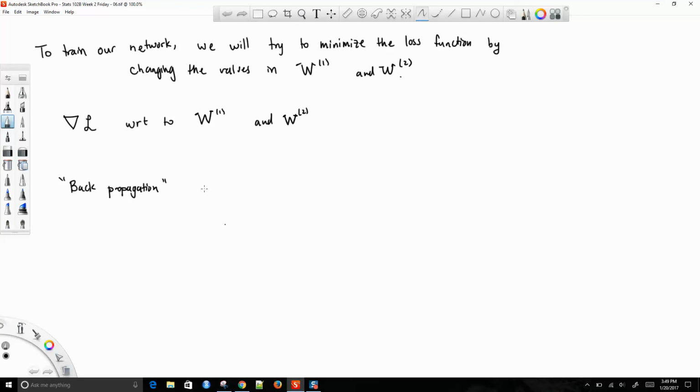So back propagation is effectively just taking the derivative of the loss function, and when we need to, we will apply the chain rule.